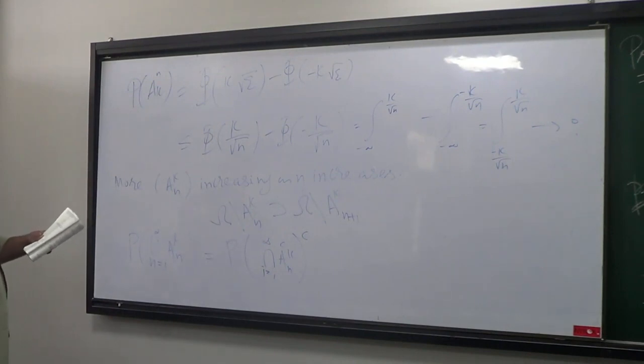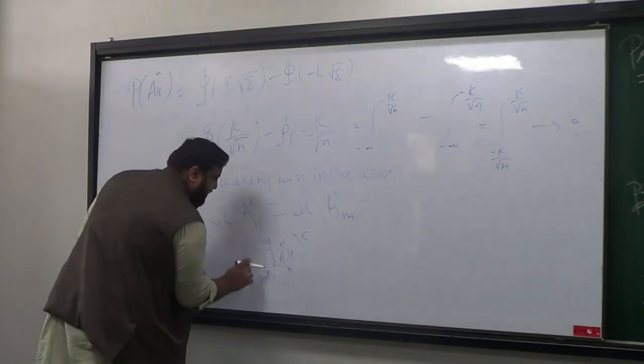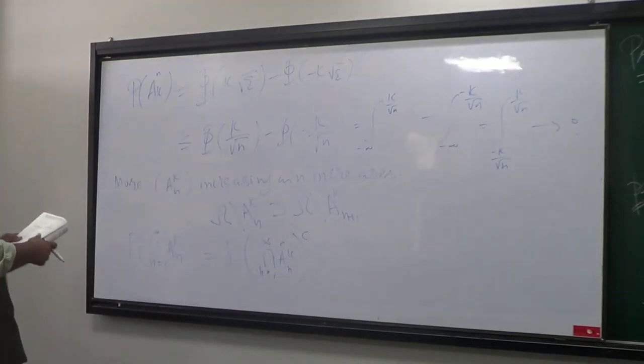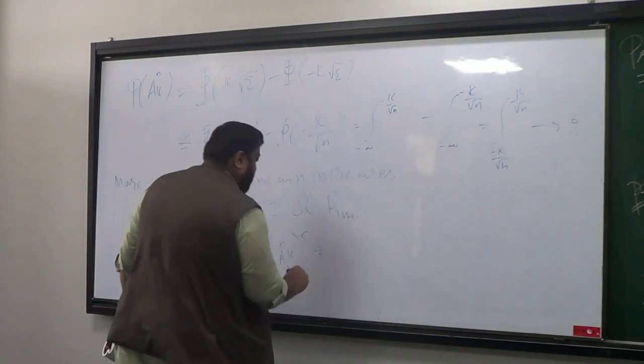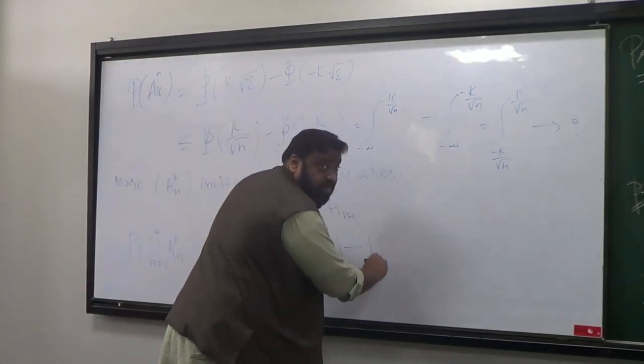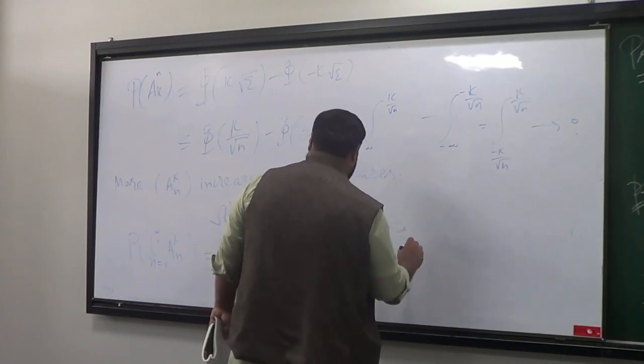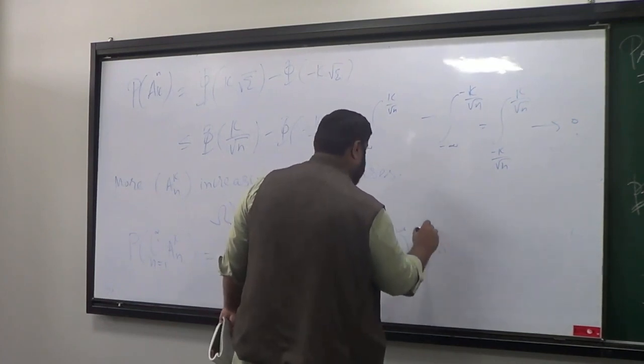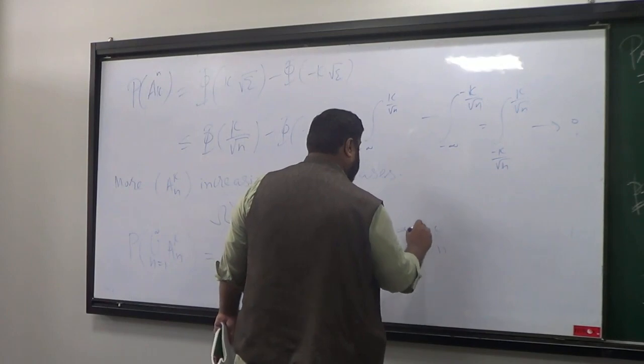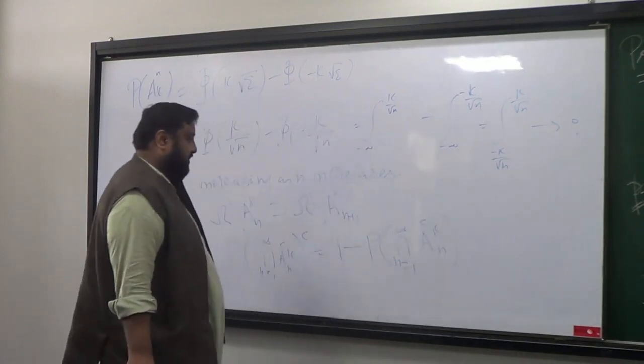And I can compute this probability as 1 minus the probability of the intersection over n equal to 1 to infinity of A_n,K complement.